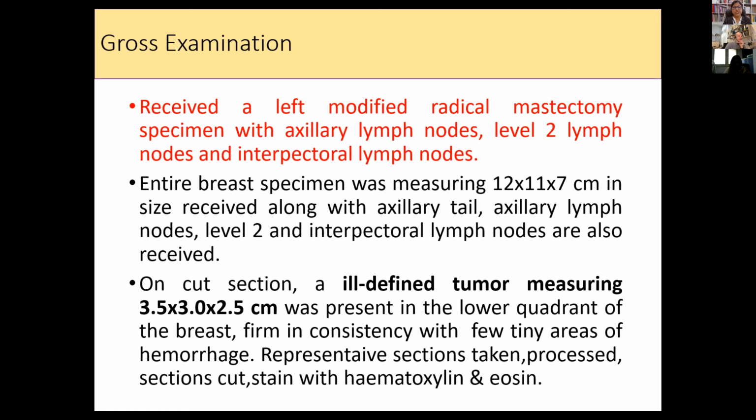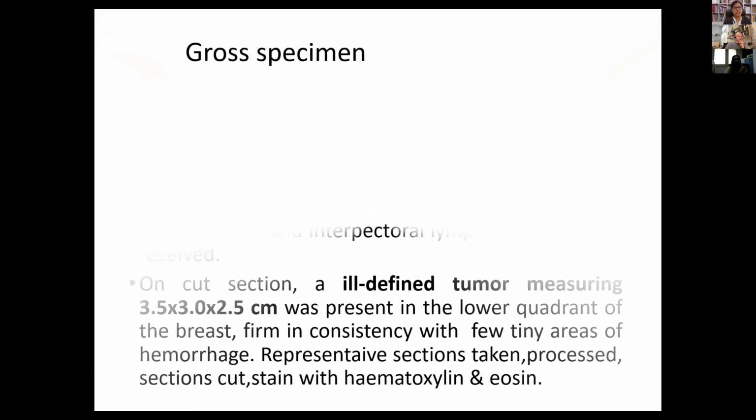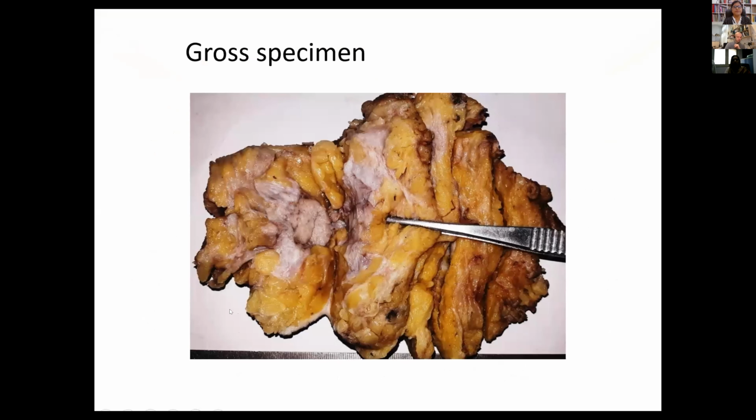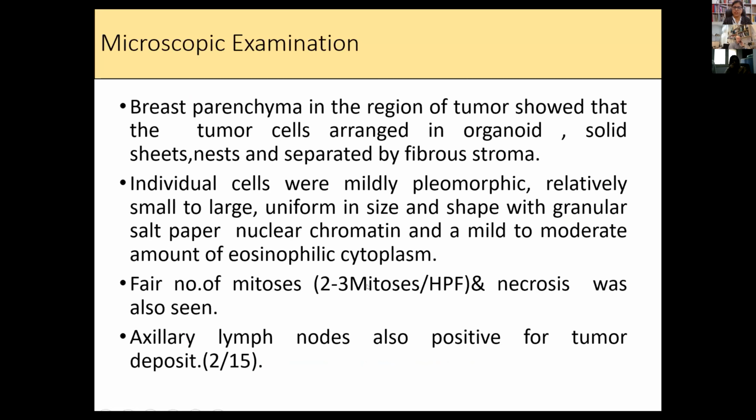Representative sections were taken, processed, cut and stained with hematoxylin and eosin stain. You can see this is the gross specimen of breast. This is the tumor, dirty white or dirty gray in appearance with small tiny hemorrhagic areas.